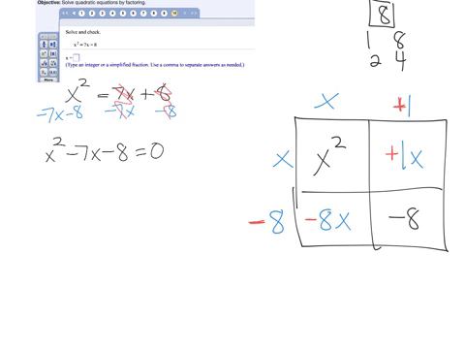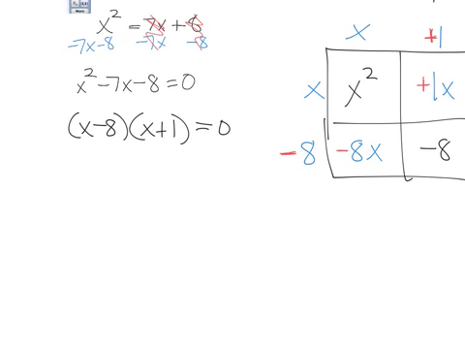Sure enough, if we check it out, the negative 8 times positive 1 gives us negative 8. So we have officially factored. So we've got x minus 8 times x plus 1, which is equal to 0. So that means either x minus 8 equals 0 or x plus 1 equals 0.